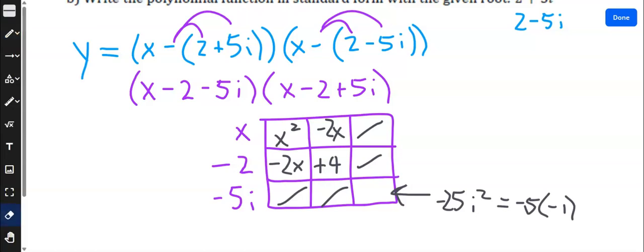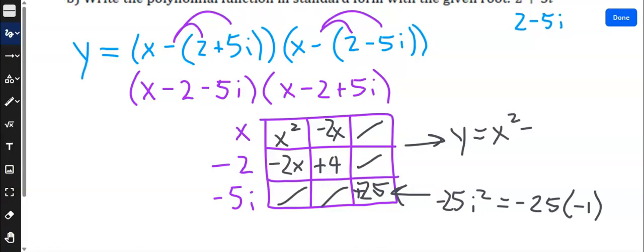So that's really minus 25 times negative 1, or positive 25. So then I can rewrite this. y equals x squared minus 4x plus 29.